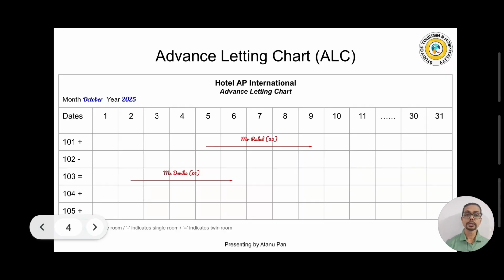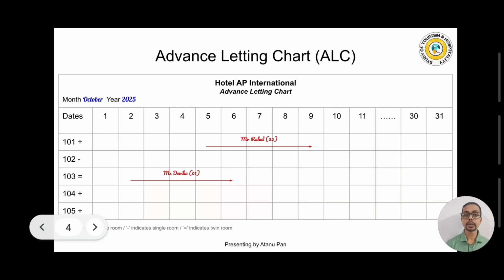She is going to stay from 2nd of October and on 6th of October she is going to check out, and Miss Devika has chosen 103, which is a twin bedded room.